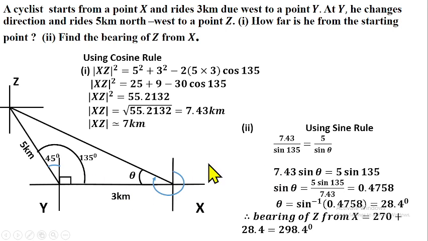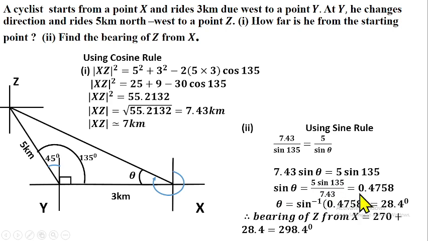So sine: we have this side, which is 7.43, over sine of the angle facing it, because that's a pair. Sine 135 equals this side, which is the side facing the angle we are looking for, 5 over sine theta. Cross multiply, we have this. Divide both sides by 7.43, we have sine theta equals this.